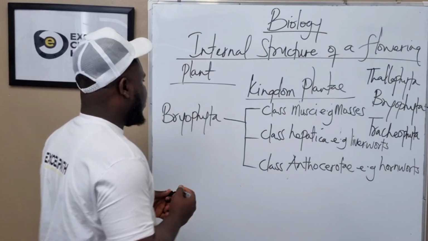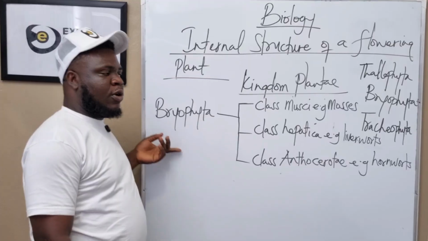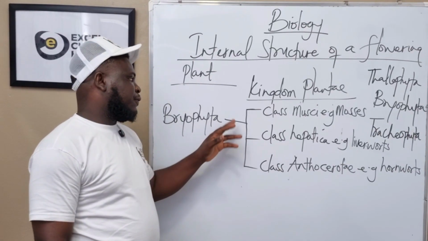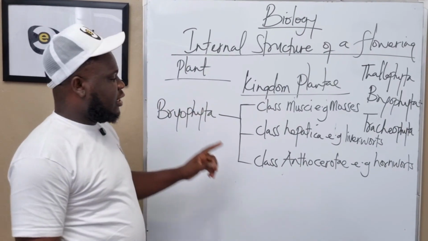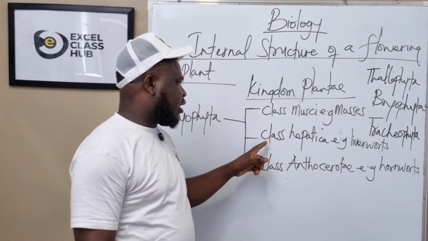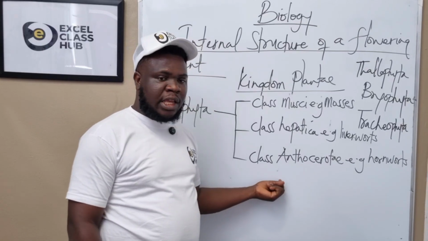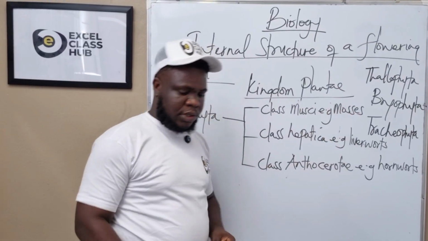So the Bryophyta is further divided into three classes, which include class Musci, e.g. mosses, class Hepaticae, e.g. liverworts, class Anthocerotae, e.g. hornworts.